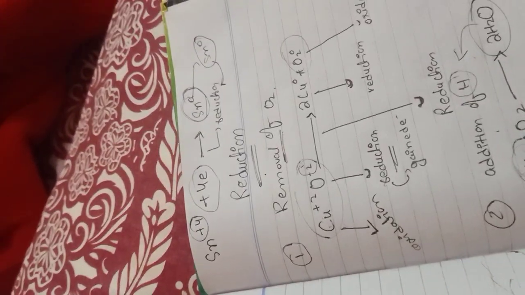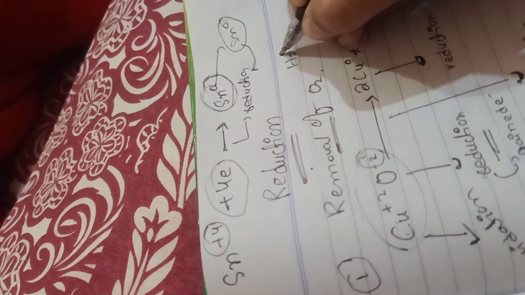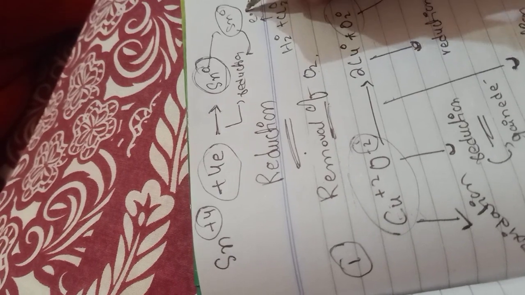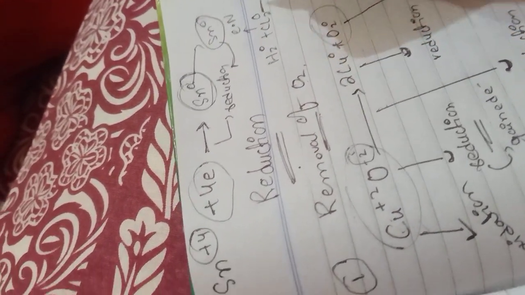One more thing I want to tell you about oxidation. For example, I have this, and this is the electronegative element. If an electronegative element is added, it means oxidation will occur. How? Let's see.